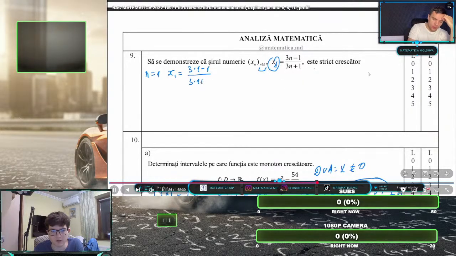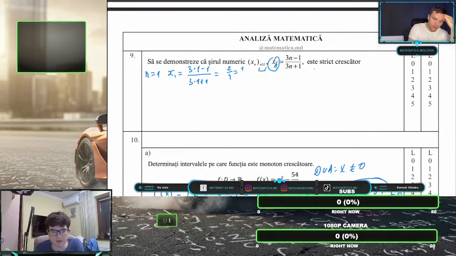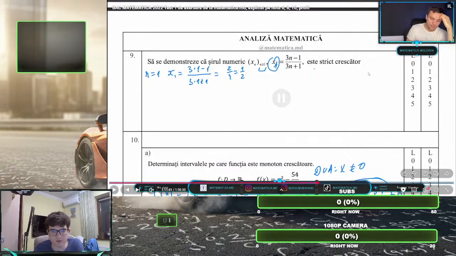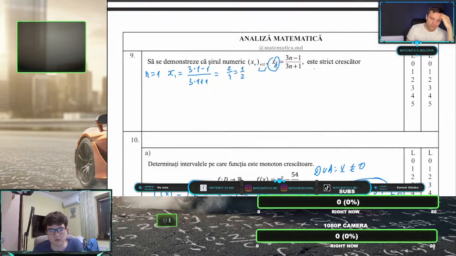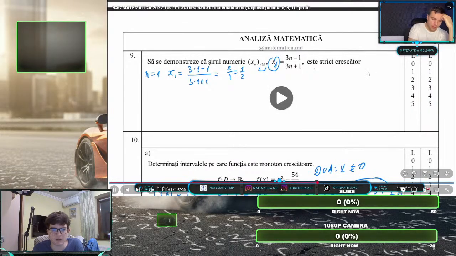X1 is going to be exactly 2 divided by 4 if you just substitute n with 1. So that's as simple as that, and that's 1 divided by 2, or essentially just 0.5.